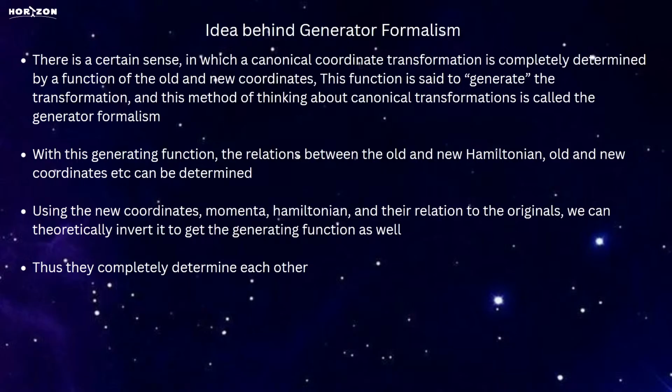And this generating function, as I said before, has information on the relations between the old and the new Hamiltonian, old and the new coordinates, etc. Since no information is technically lost during these transformations, if we have the relation between the final and the initial coordinates, the momenta and the Hamiltonians, we can reverse engineer to find the generating functions themselves. This points out that they completely determine each other and they're theoretically invertible mathematically.